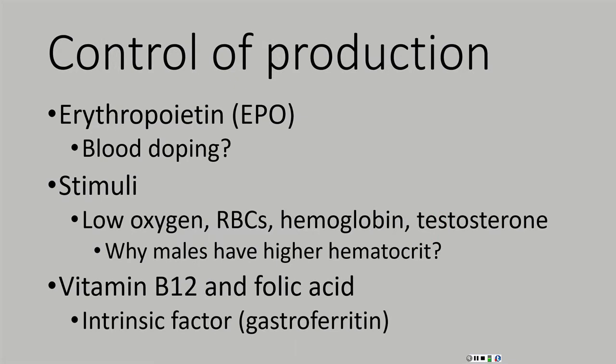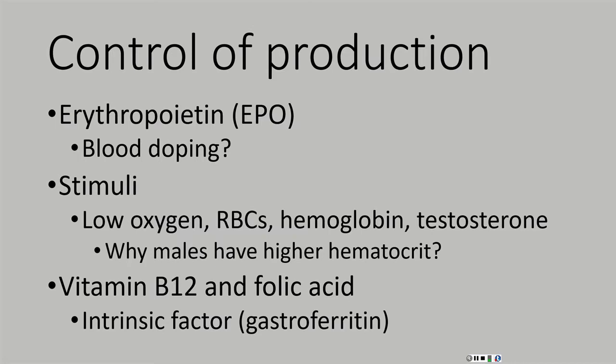Well, that's how they're made, but why are they made? How is it controlled? How do we know when we need to make them and when we don't? Well, it's actually under control of a hormone called erythropoietin, or EPO. You might have heard about this. It's really talked about during the Olympics, during the Tour de France, during a lot of big athletic events, because of something called blood doping.